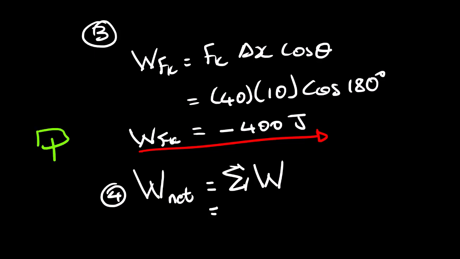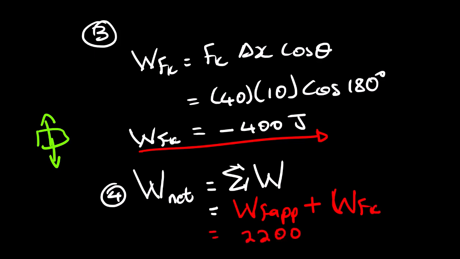So basically we know that normal force and Fg do no work, it's 0, so we might as well take the sum of the two, which is the work done by the force applied plus work done by our kinetic friction.